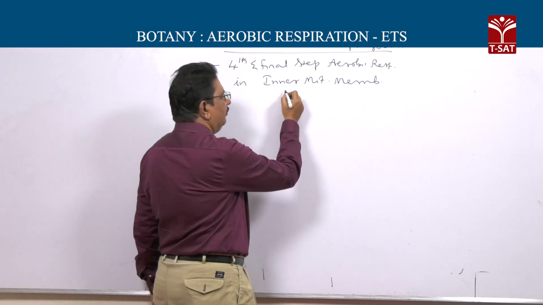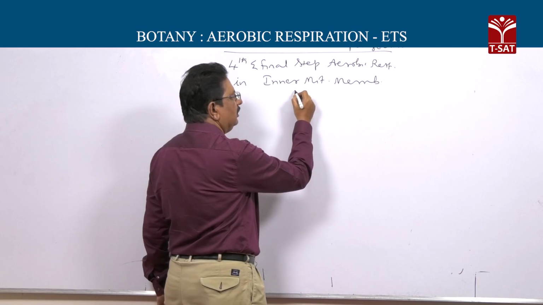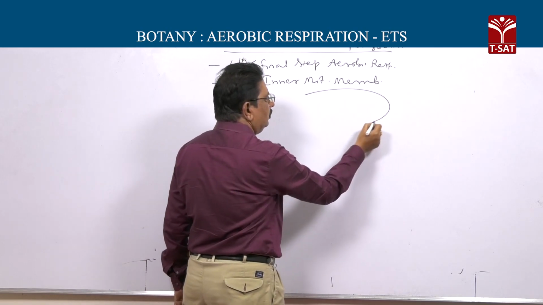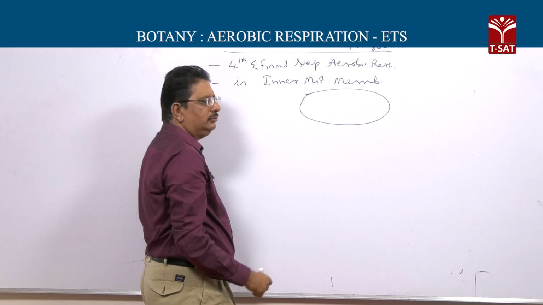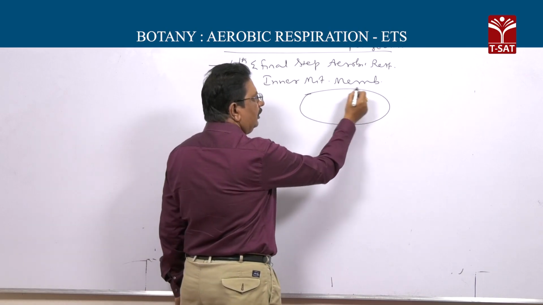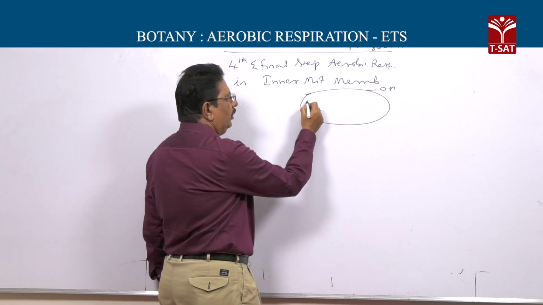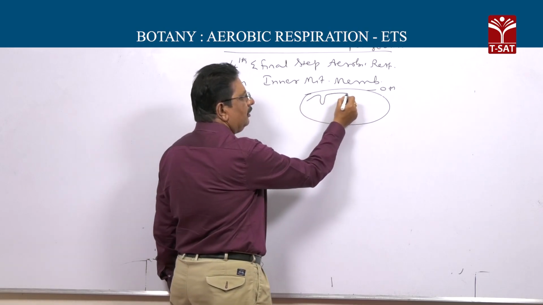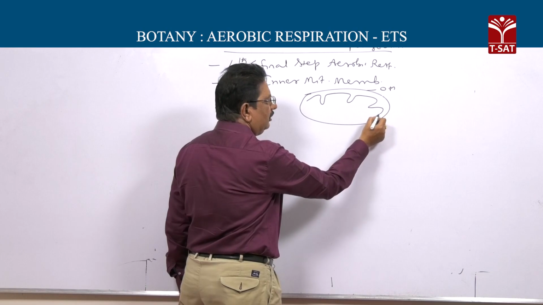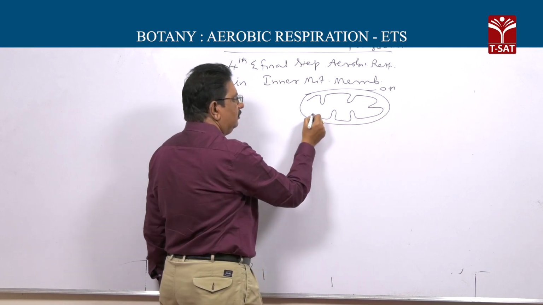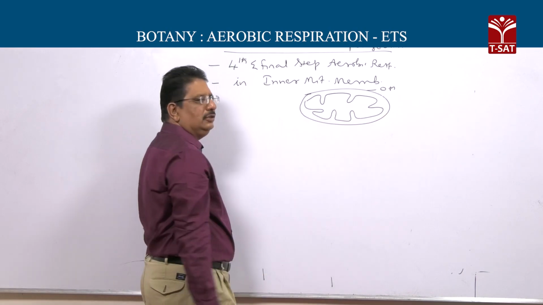And you know the mitochondria has two unit membranes, outer membrane and inner membrane. A very important feature of the inner membrane of mitochondria is its folded nature.